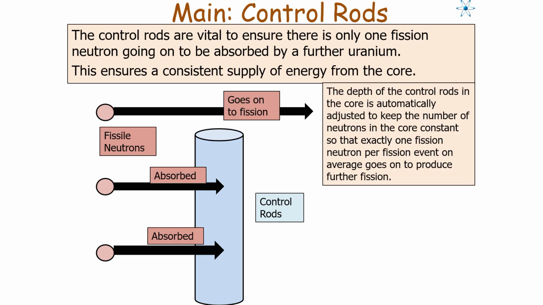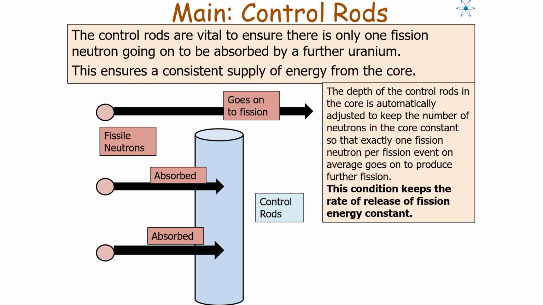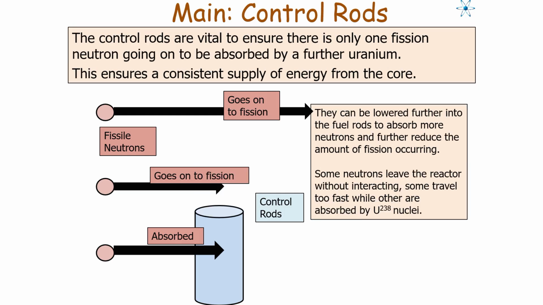So it's important to note that the depth of the control rods in the core is automatically adjusted to keep the number of neutrons in the core constant, so exactly 1 fission neutron per fission event on average goes on to produce further fission. So this condition keeps the rate of fission energy release constant. So it's important to note that we can lower our control rods further into the fuel rods to absorb more neutrons and further reduce the amount of fissioning.